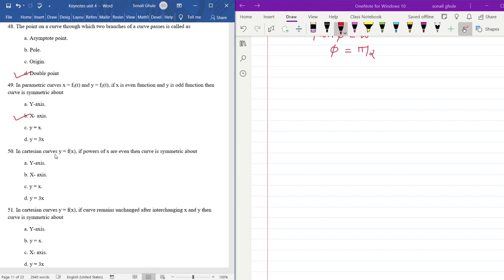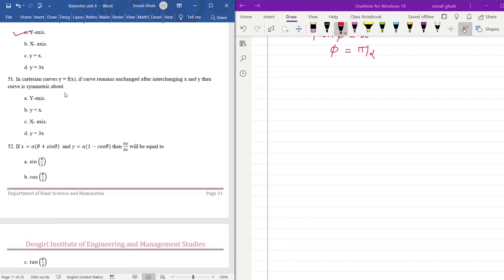In Cartesian form, if the powers of x are even, then the symmetry is about the y-axis. So here there is a difference: one is for even functions, and this is for even powers. Then at last, in Cartesian curves, y is equal to f of x. If the curve remains unchanged after interchanging x and y, then the symmetry is about the line y equal to x. We have seen this example earlier as well.